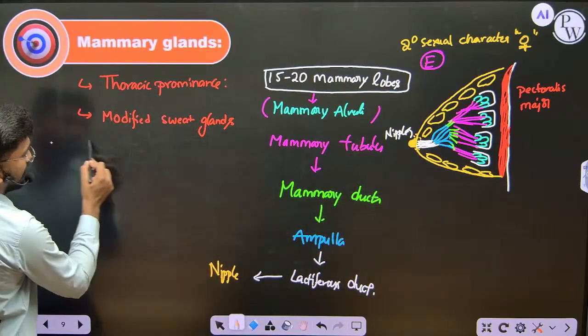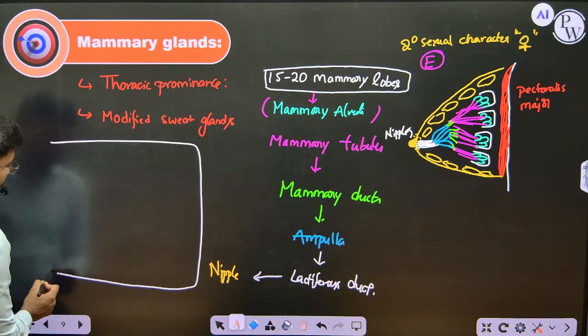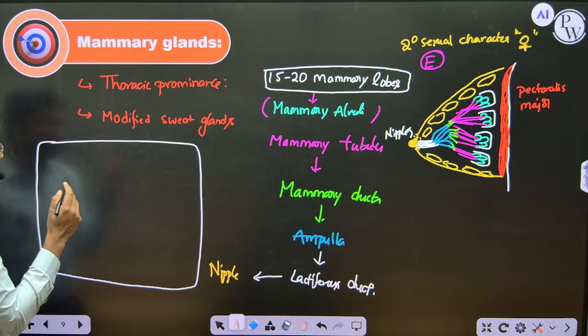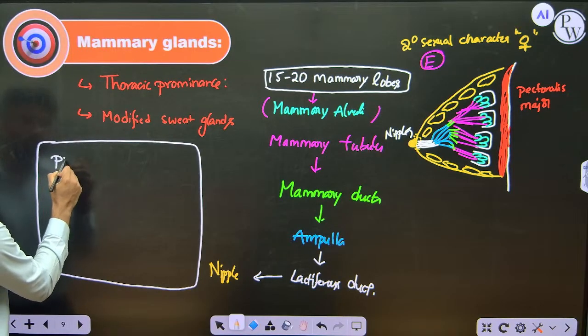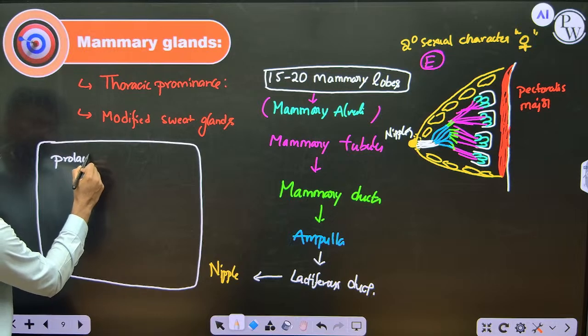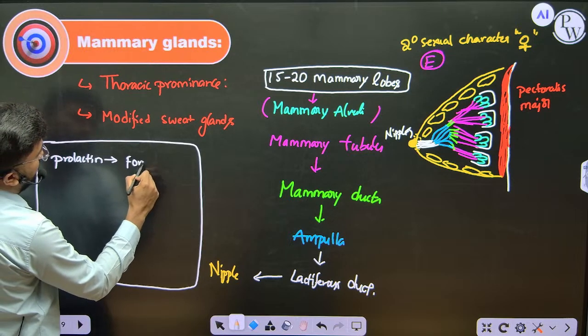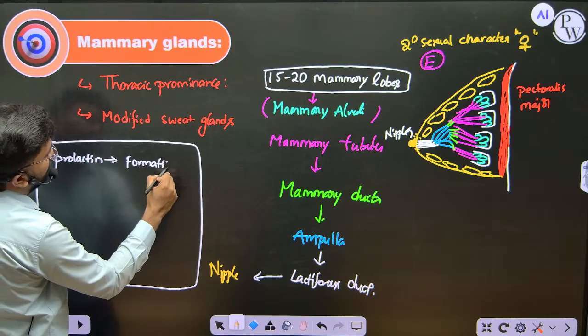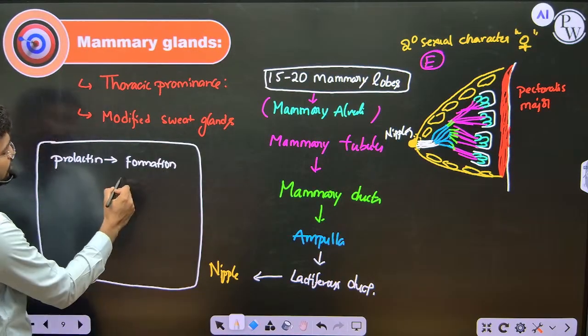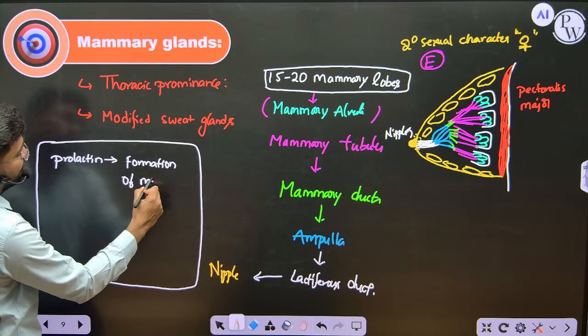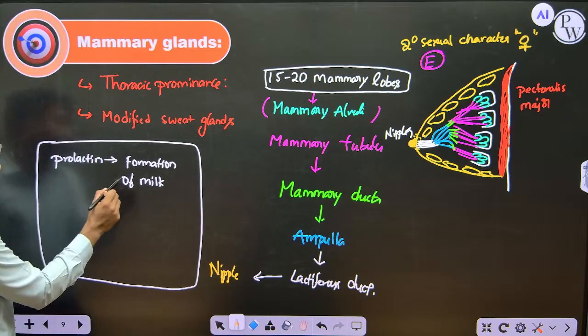When it comes to the mammary gland, many hormones act on it, especially two. One is the prolactin hormone. Prolactin is essential for the formation of milk. In an examination, if asked which hormone is required for the formation of milk, our answer should be prolactin hormone.